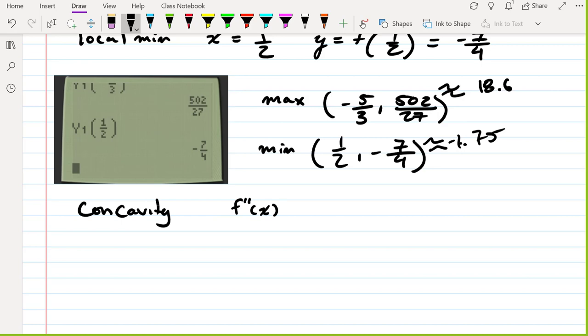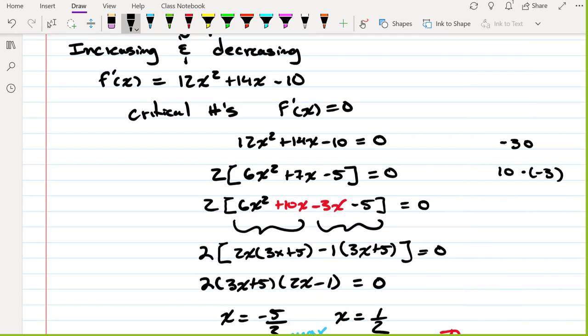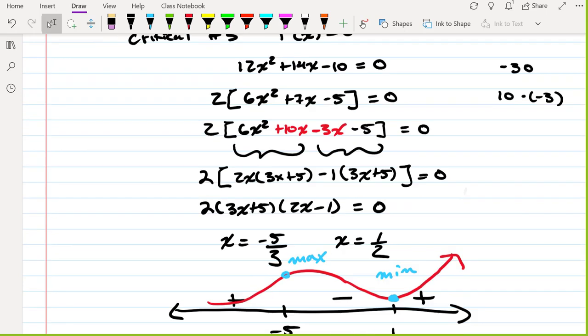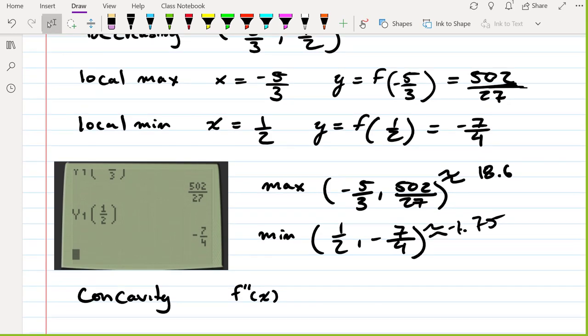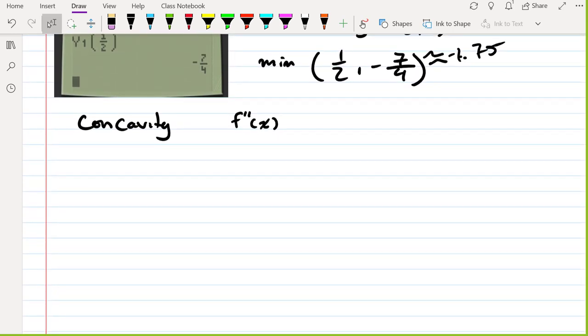So we take the derivative of our derivative. Our derivative is 12x squared plus 14x minus 10, so that's going to give us 24x plus 14. Now we set that equal to 0.